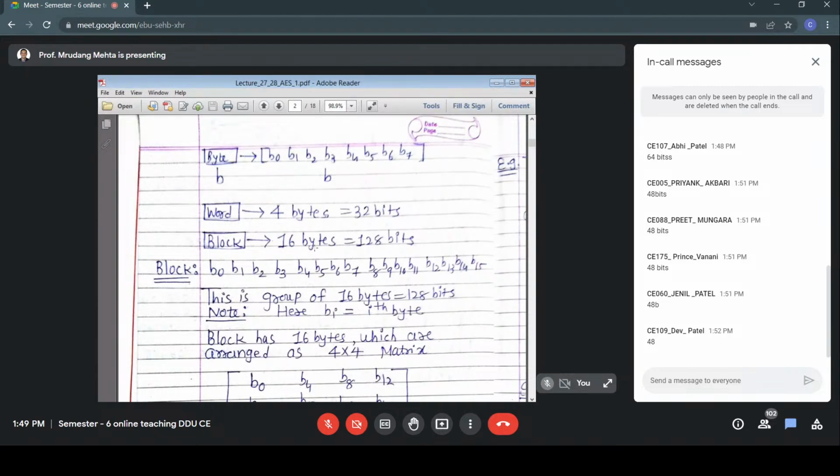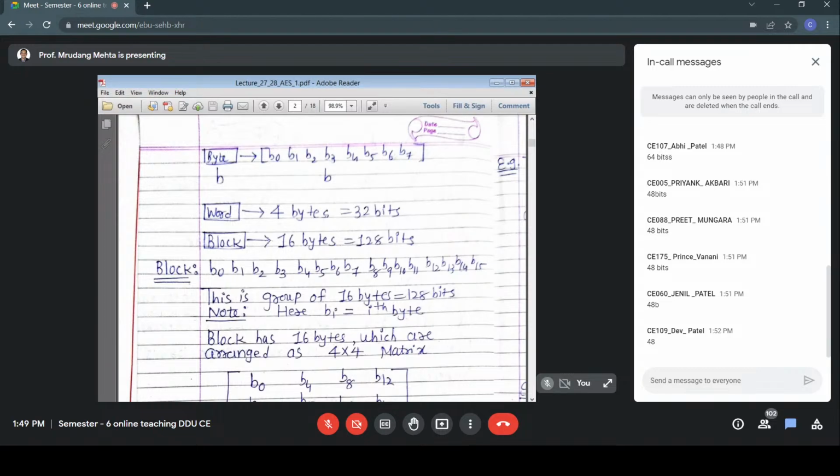So a byte, as you know, is 8 bits, right? B0, B1, B2 up to B7, that is a byte. A word is 4 bytes. So this is 1 byte, and 4 such bytes create one word. So the total number of bits is 32 bits.